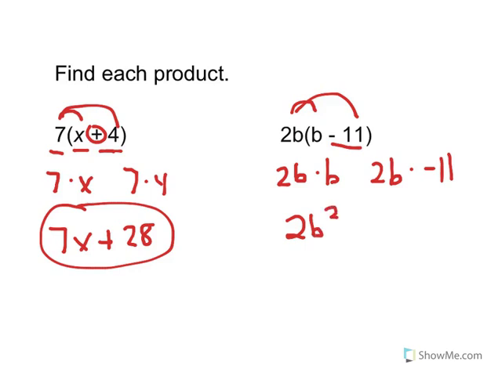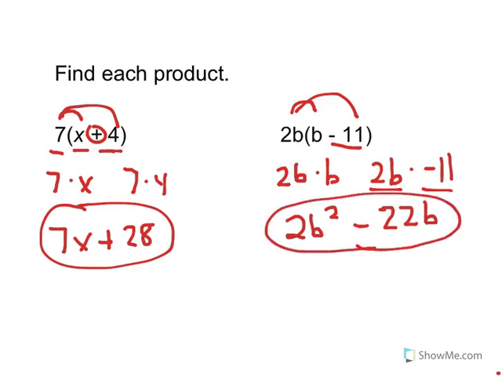And then your 2b times negative 11 becomes negative 22b. So again, the sign for taking 2b times negative 11 becomes your operation symbol between. So that's 2b squared minus 22b. And we are going to write our answers in standard form, which means the largest exponent, the b squared, will be first, the b will be second. Okay?